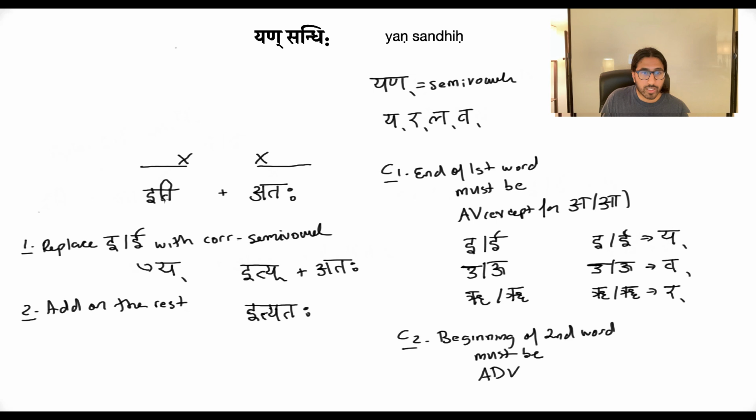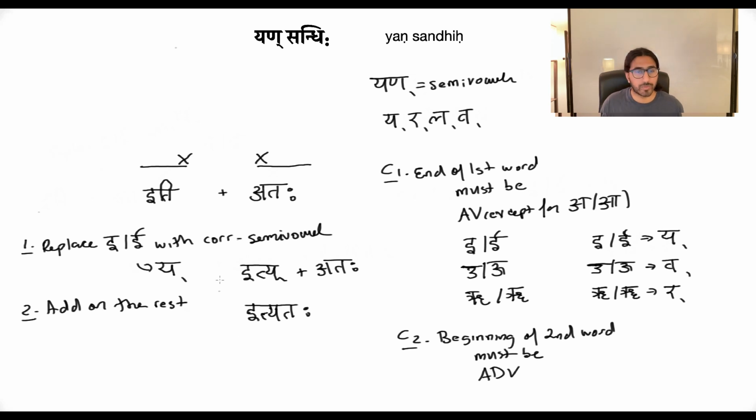We substituted the i with the ya, and it became ity, and then we just added on the rest, and it looks like this, ityatah. In a sentence, you'll see it like this. But you'll know gradually that there's no word called ityatah, but I know there's iti atah. Oh, yan sandhi happened there.